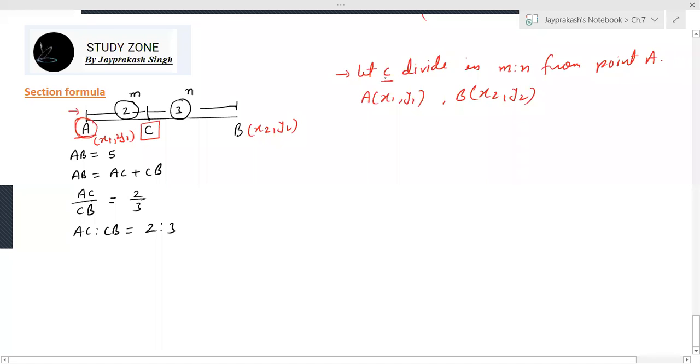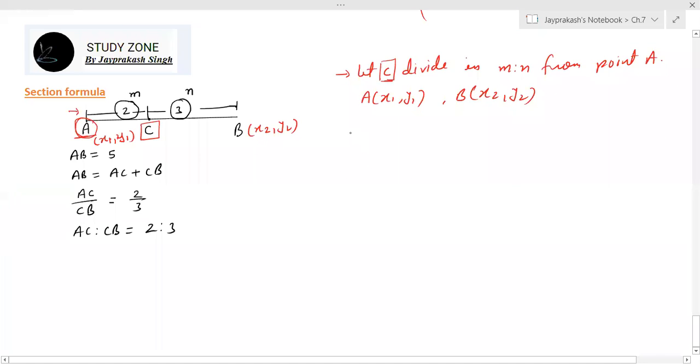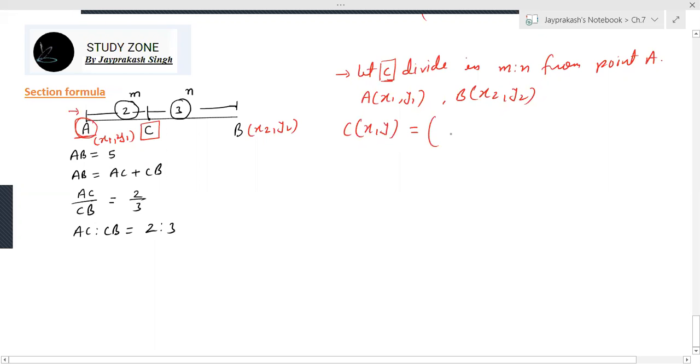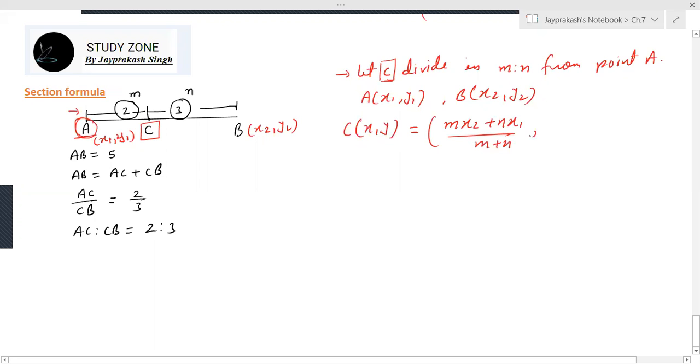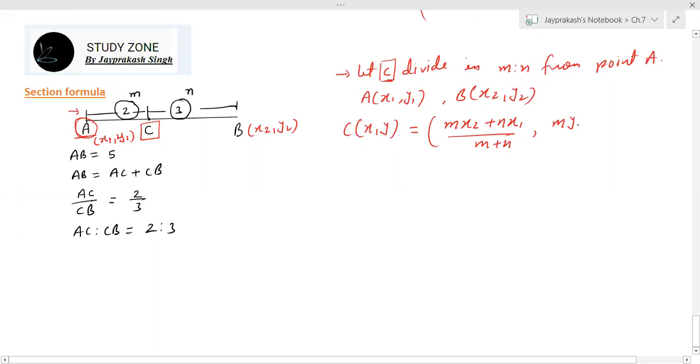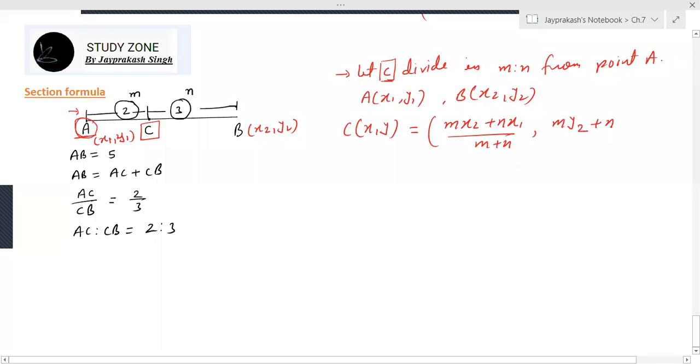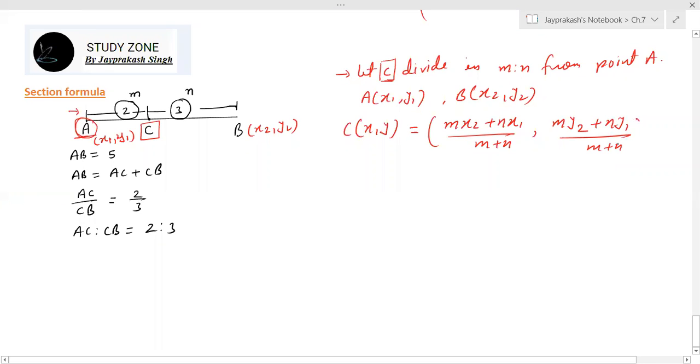Now we want to find the coordinate of the point C. So we'll write a formula: C with the coordinate x, comma y can be given as mx2 plus nx1 upon m plus n, comma second coordinate, that means y coordinate will be my2 plus ny1 upon m plus n.